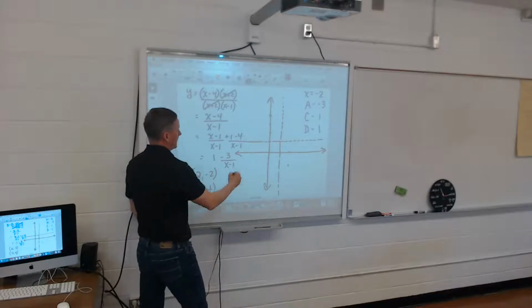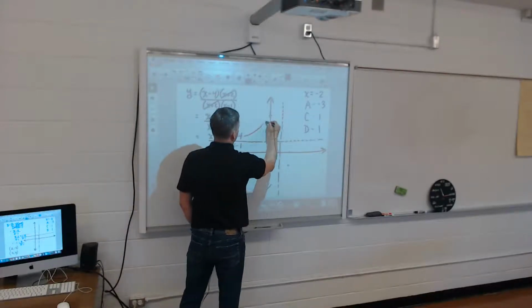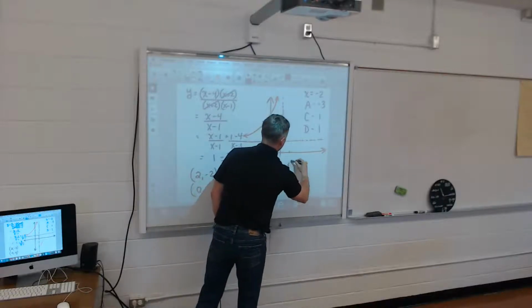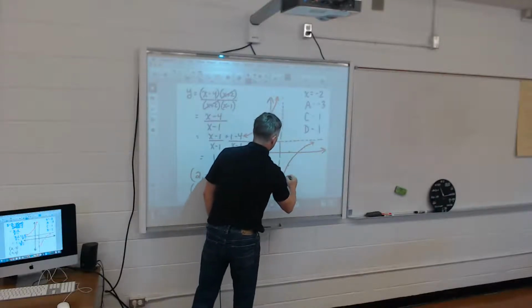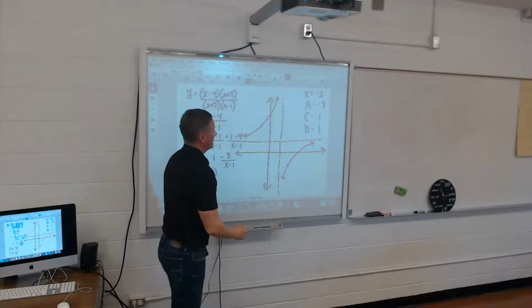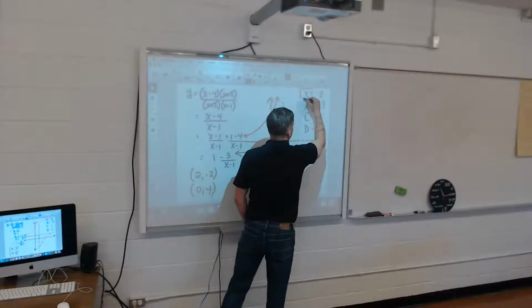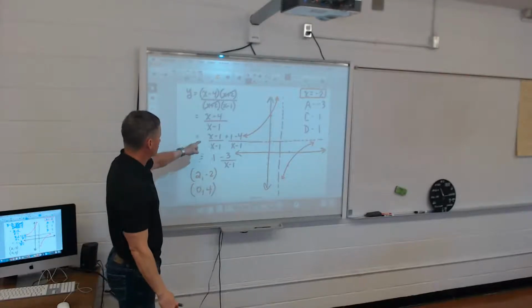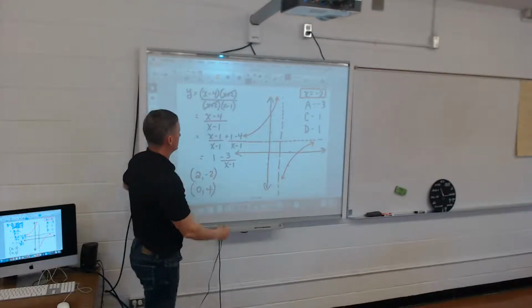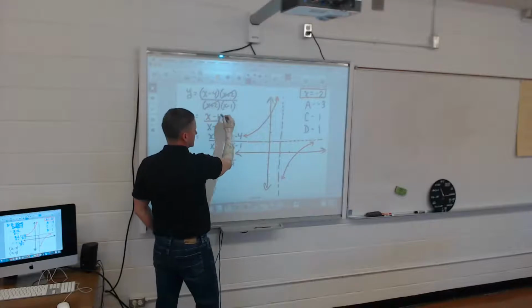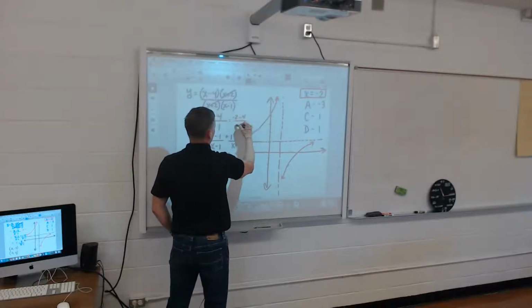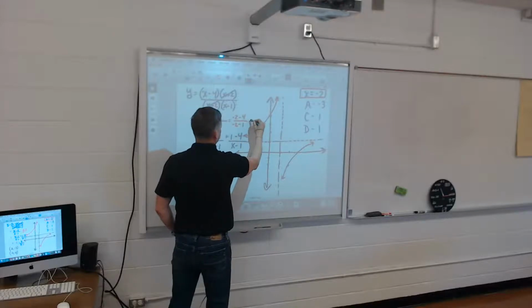Okay. Now I draw my shaped graph like this, but I have to remember at x equaling -2, I have a point of discontinuity. So again, I'm going to plug it into here. I'm going to use this equation right here. I'm going to plug it in: -2 subtract 4 over -2 subtract 1.